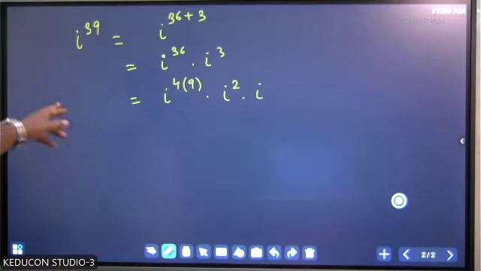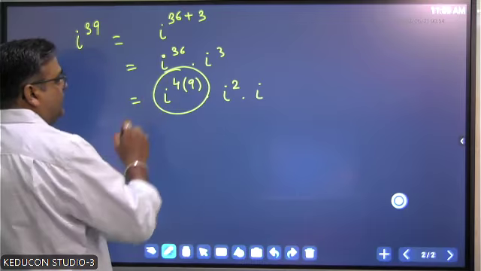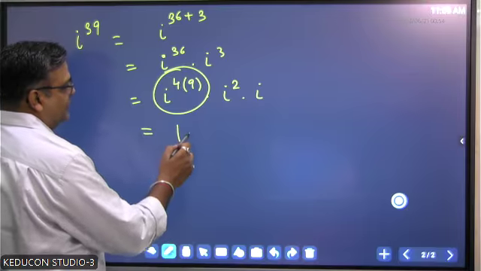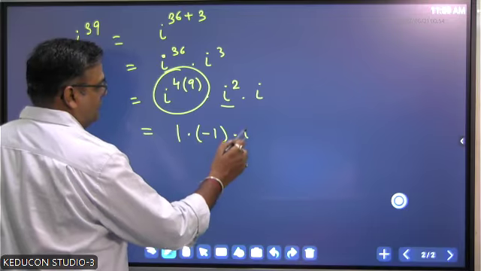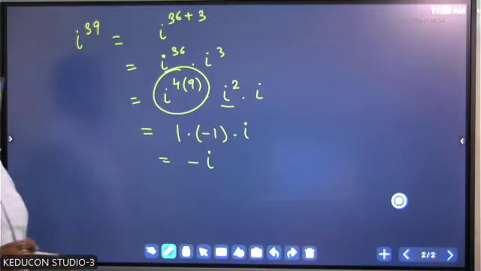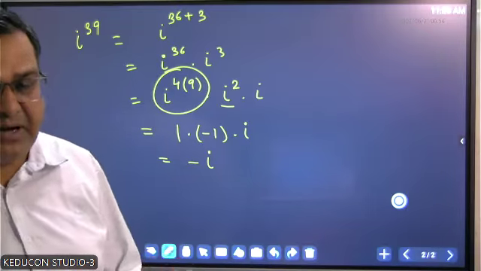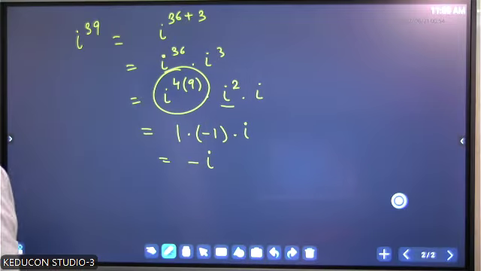So i to the power 4 raised to power n becomes 1. The value of iota square is minus 1, so this will become minus iota. Is this clear? So if you have some powers of iota, this is the way to solve it.